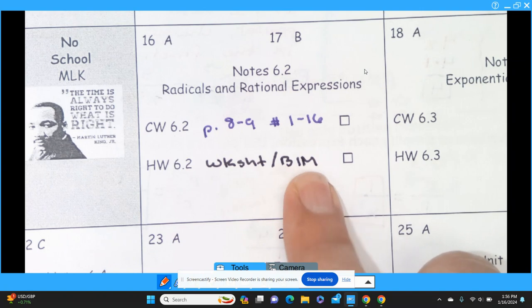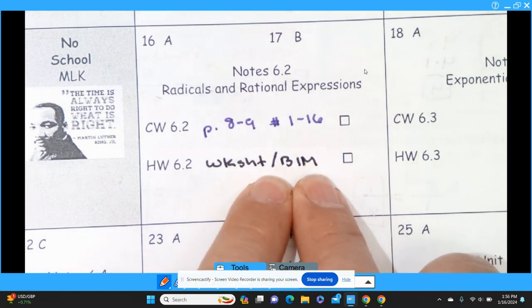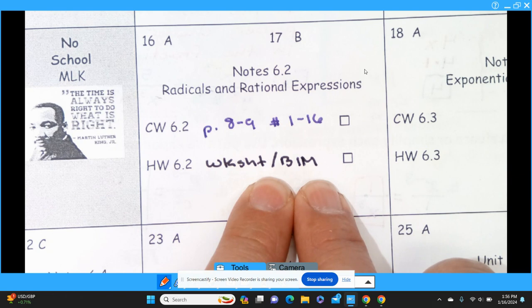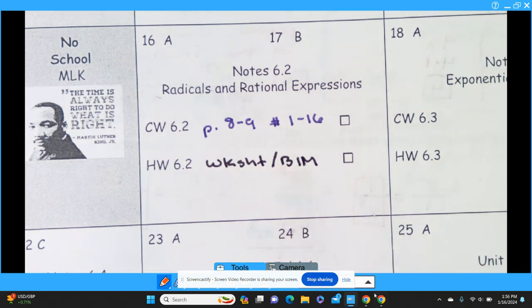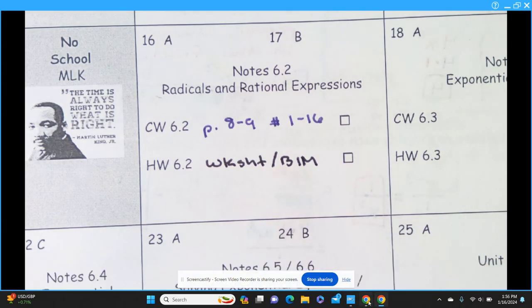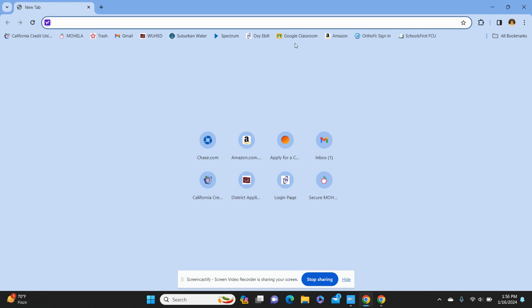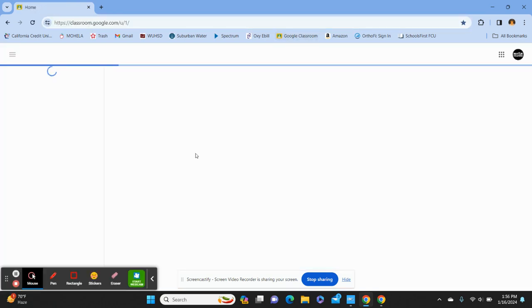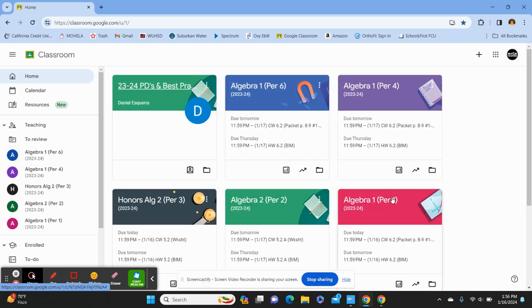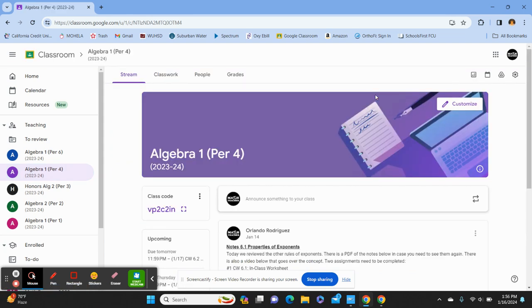Some of you are new to this period, to this class, and so you will need to get this new BIM code. The BIM code, don't forget, is available through Google Classroom. So go to Google Classroom, press the classwork tab. So if you're in Google Classroom, and you jump right into, let's say it's period 4 just for practice.